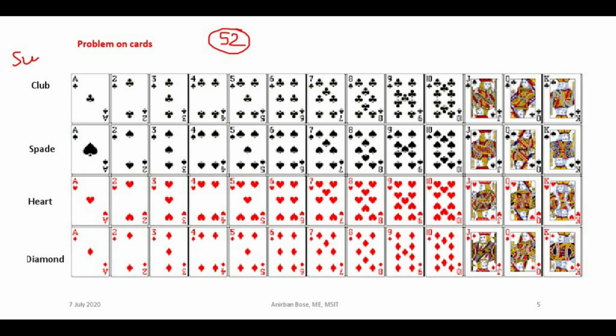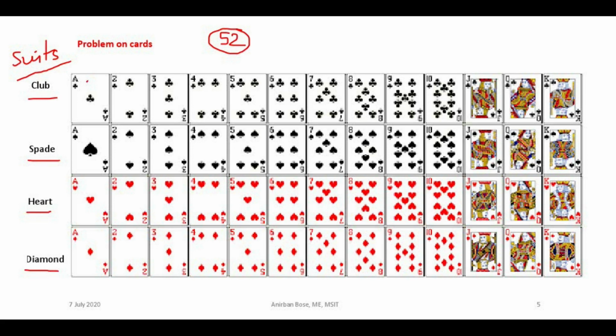So how many suits are there? 4 suits are there, and these suits are club, spade, heart and diamond. Now you can see each suit, like club, has 13 cards. Similarly spade, 13, and in this way.